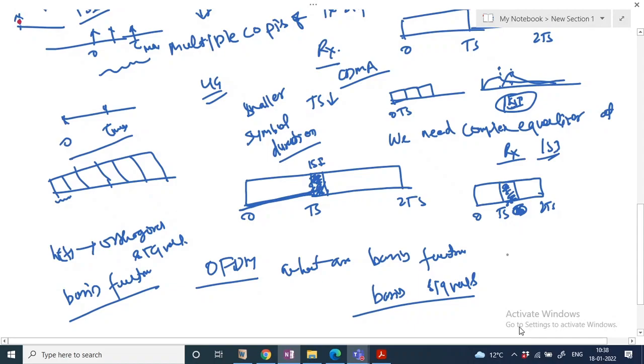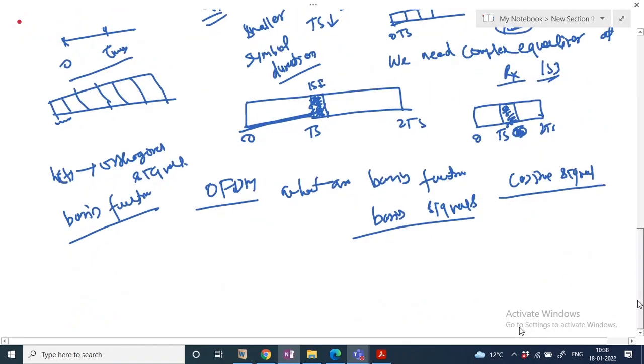In OFDM, the orthogonal signals are the cosine signals. Cosine signal means cos of omega naught t.